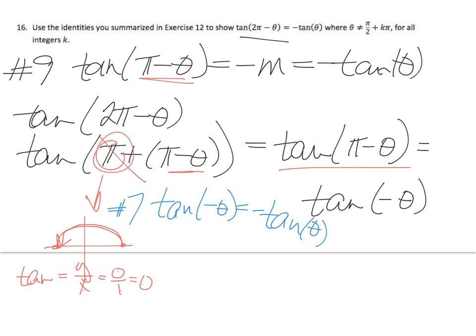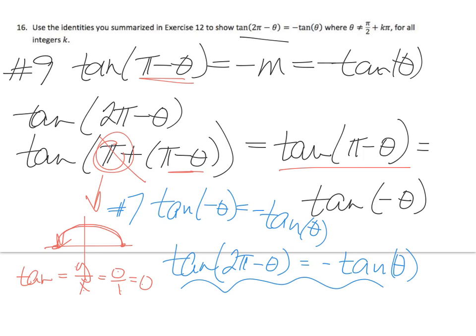So we can solidly say that tan 2 pi minus theta equals negative tan theta for all of the same restrictions. Okay, we just did a little proof and it made sense and we're happy.